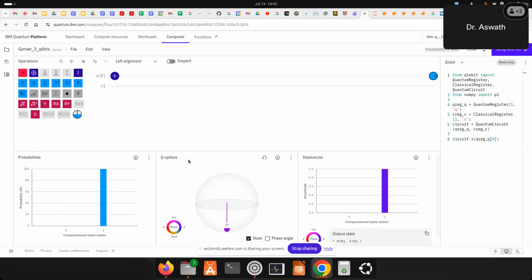I urge all of you to please go through this IBM Quantum Experience and try to experiment, even though it is not going to be extended because it is deprecated. A new version is going to come, but it is very handy to understand. Let's say somebody doesn't want to rely on IBM and wants to use our Indian version.